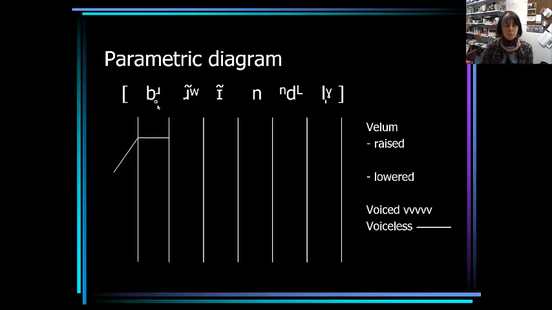Next, you can see that there is a little upside down R symbol next to it here. Why is that there? Well, that's indicating that there is co-articulation occurring in the environment of the following post-alveolar approximant.